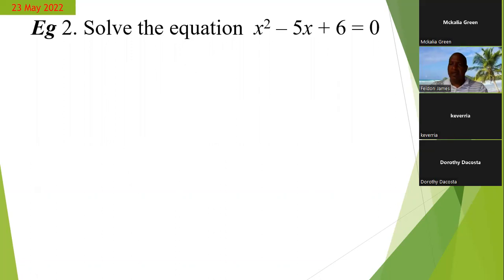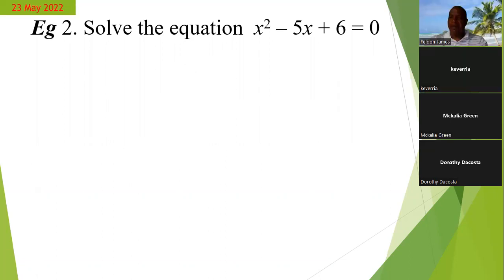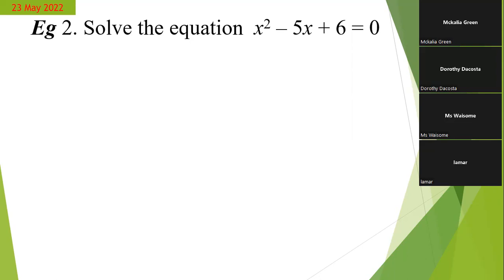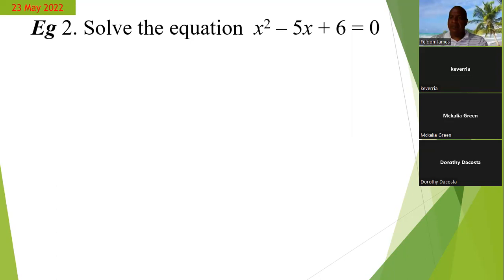Okay. Anybody else finish solving the question? Ms. Green? Okay. All right. Let me give Ms. Cabrera and Ms. Darty, Mr. Lamar a chance. Welcome.